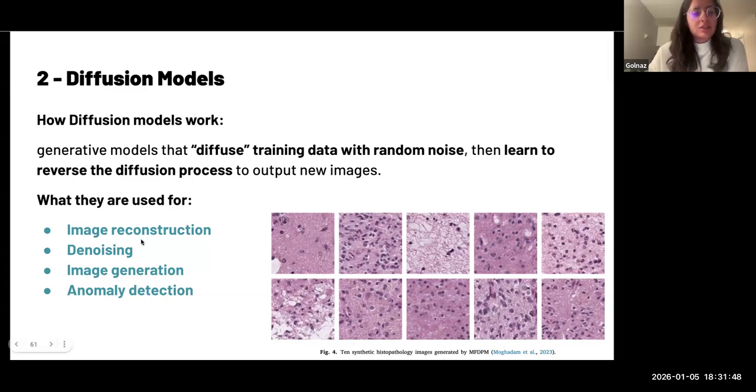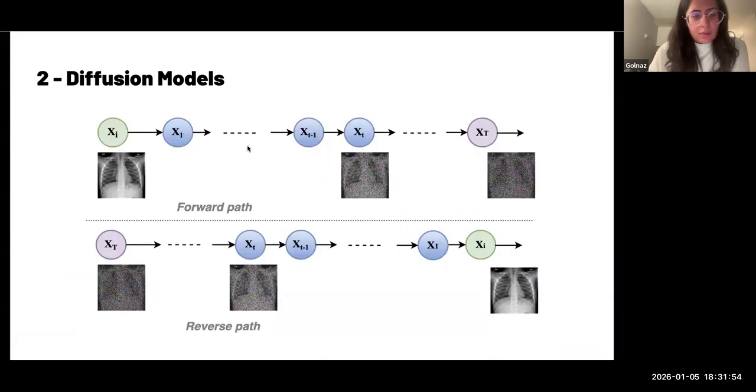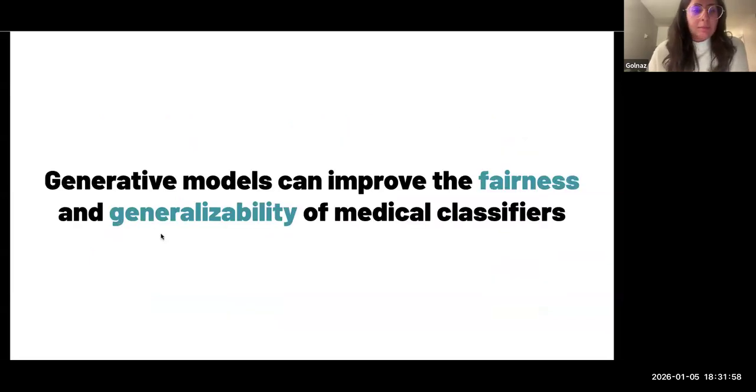There are also applications in denoising and anomaly detection using these models. And in general, having a little bit of data from these generative models in your data set can help the fairness and generalizability of your model, for example, of your medical classifier.